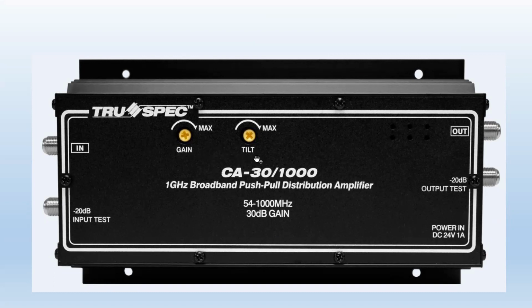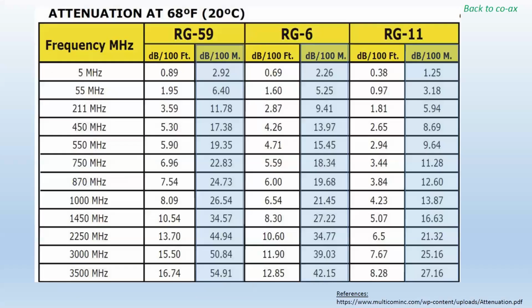And here's some kind of mysterious thing that says tilt. Sometimes it's called a slope. All right, look at this table. Per 100 feet, just one of them. As the frequency goes up, so as you go up with the channels, the signal is not being transmitted as efficiently as the lower channels.